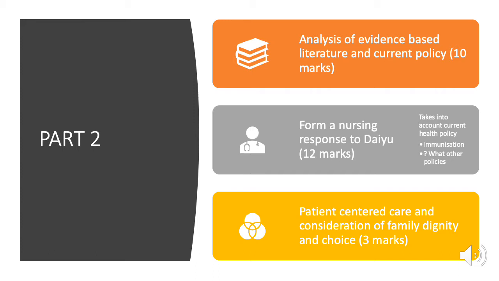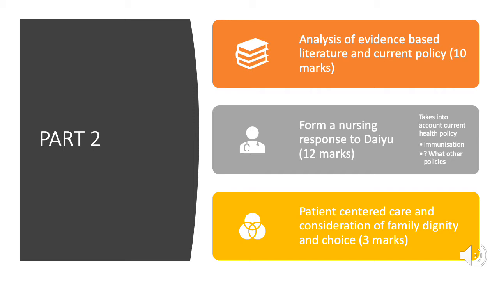So basically what we want you to do is write 500 words on an analysis. Analysis needs to be underlined, of evidence-based literature and current policy that is related to this question. So don't go off evaluating current policy on prisoners in custody because that's not relevant.